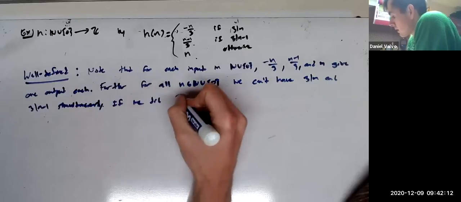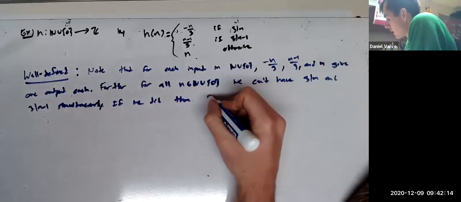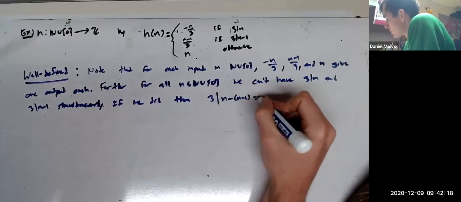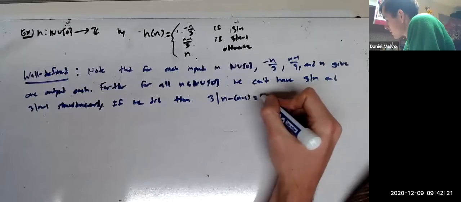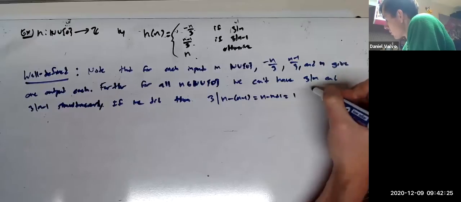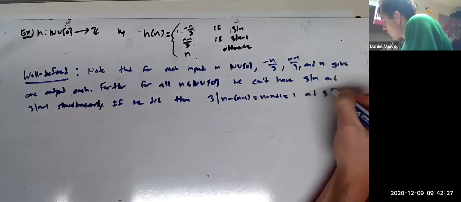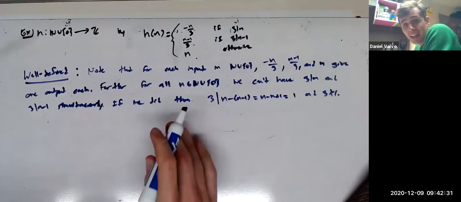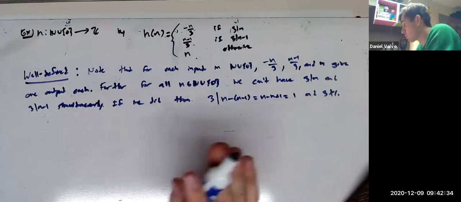If we did, then 3 would divide n minus (n minus 1), which equals n minus n plus 1, which equals 1. And 3 does not divide 1. So there's a little contradiction there. If 3 divided n and n minus 1 simultaneously, we'd find 3 divides 1, which is not the case.